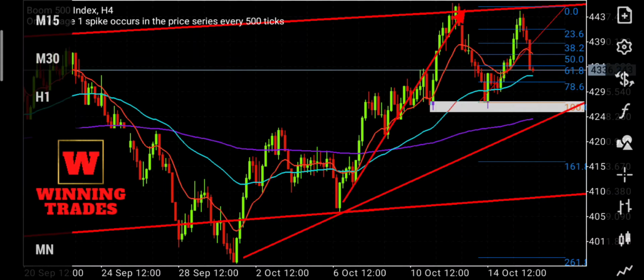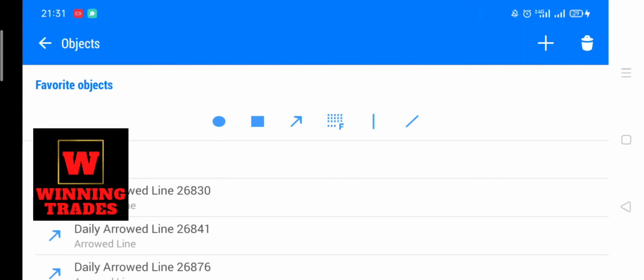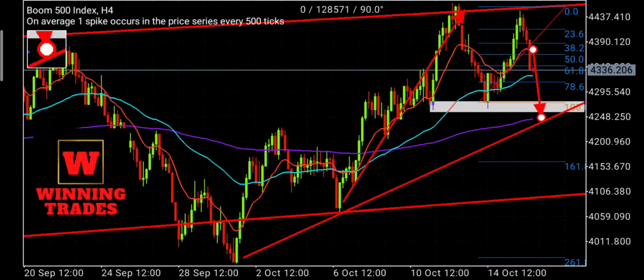Thinking that price may likely come all the way down to test this trend line for a third touch.